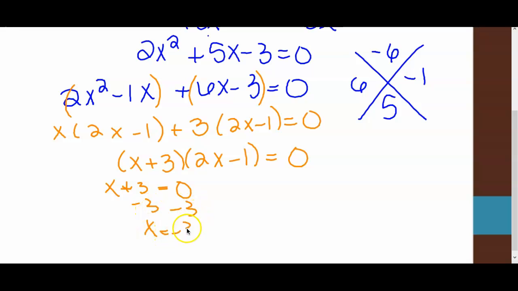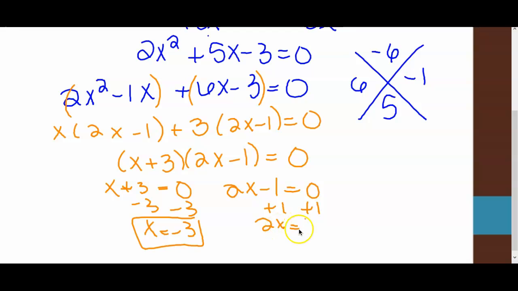You get x equals -3. And over here, 2x minus 1 equals 0. Add 1 to both sides, and then you have 2x equals 1. To get x alone, you divide both sides by 2, giving x equals 1/2.